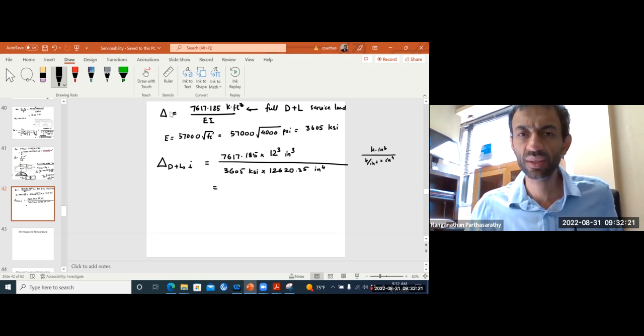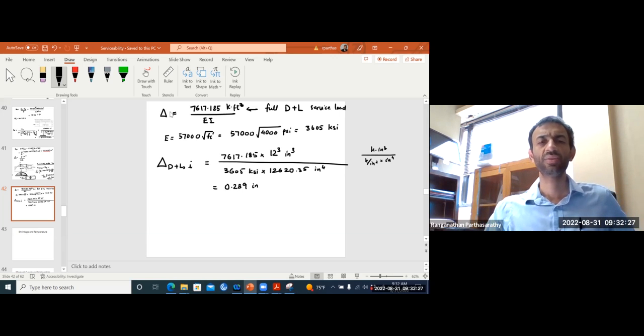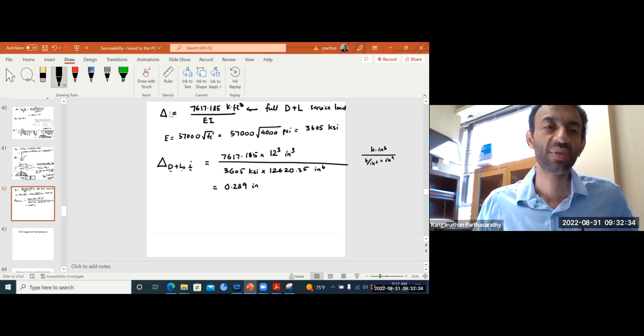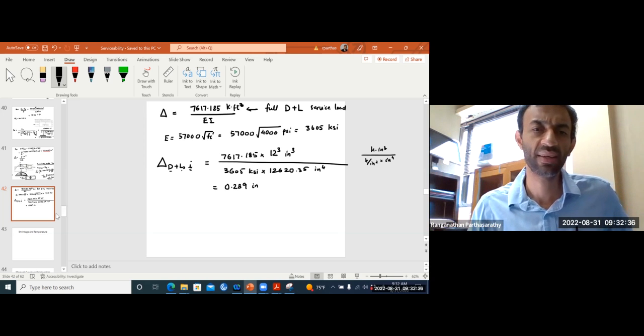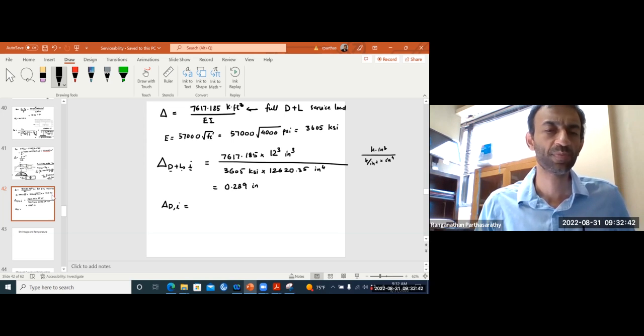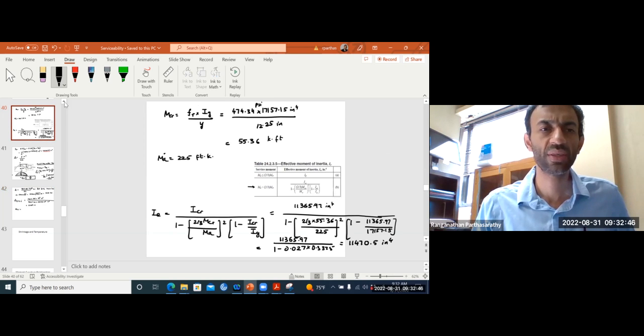So that is 0.289 inches. Okay, this is delta D plus L I, the instantaneous deflection due to dead plus live load. Now we said everything is along a straight line, right? So if you want instantaneous deflection due to just dead load, how do we do it? We just scale it.